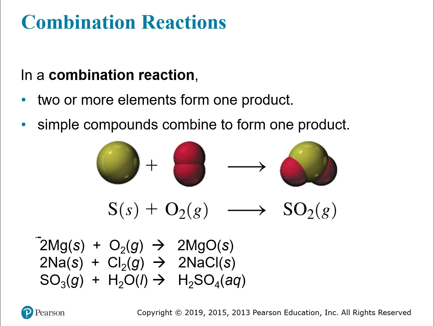You've got some other examples here where you're taking another metal plus oxygen and making an oxide. You've got sodium and chlorine, so a metal and a nonmetal. Many types of examples. All of these are combination reactions.